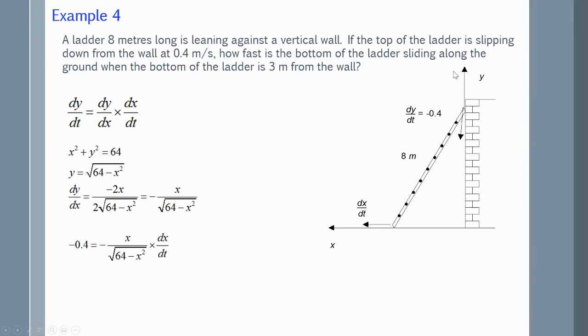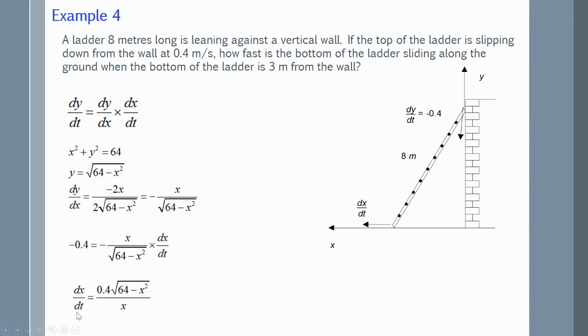Now, related rates: because we assumed y was pointing up and the ladder is sliding down, dy/dt is negative. So we put negative 0.4 for dy/dt. This is our dy/dx, and we are looking for dx/dt.